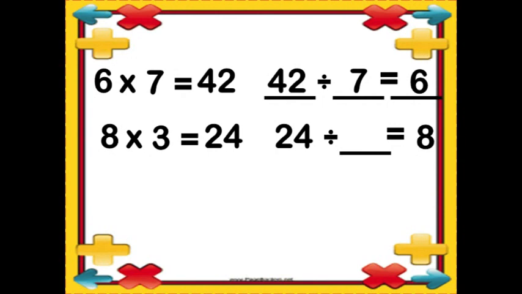If 24 is our product in multiplication, then our divisor in here is number 3. So 24 divided by 3 is 8. So that is how working with multiplication and division works.